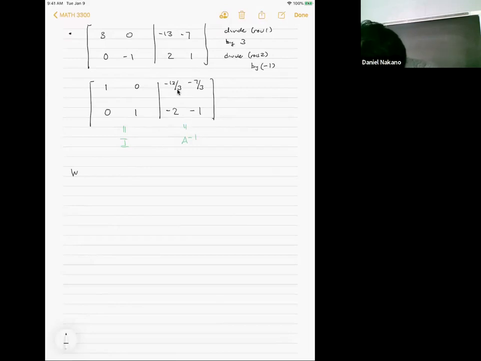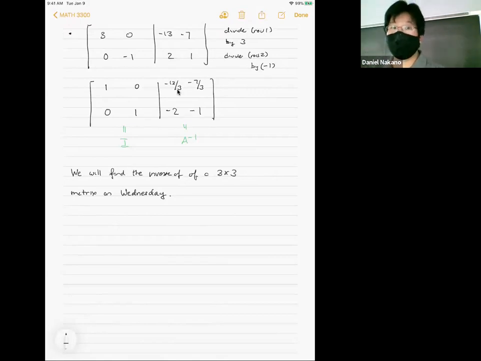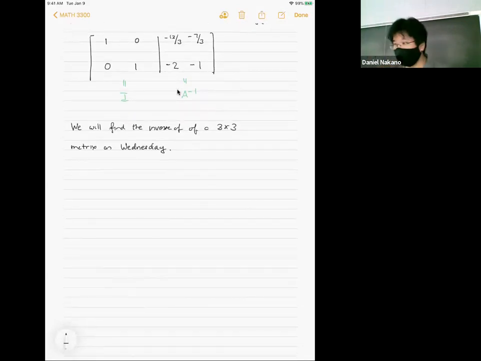So we will find the inverse of a 3x3 matrix on Wednesday. I don't want to have to rush through it, so we'll just do that on Wednesday, and then for the remainder of time, let me give you some ideas using this Gaussian elimination process.